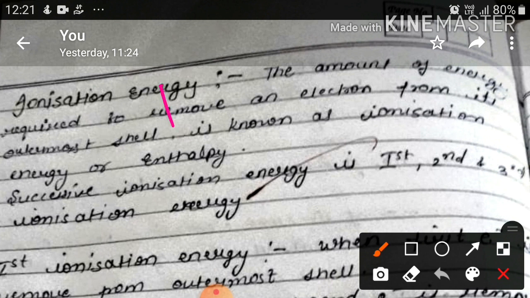What is ionization energy? The amount of energy required to remove an electron from its outermost shell is known as ionization energy or enthalpy. For example, sodium. Here the atomic number of sodium is 11, and when we write the electronic configuration, that is 2, 8 and 1.